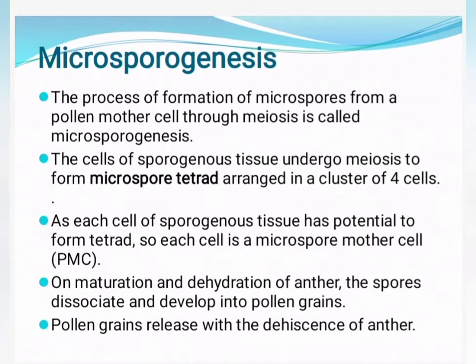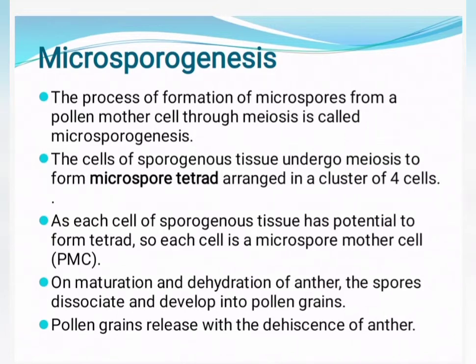The process of formation of microspores from a pollen mother cell through meiosis is called microsporogenesis. The microspores are arranged in a cluster of 4 cells that is called a microspore tetrad. As the anther matures and dehydrates, the microspores dissociate from each other and develop into pollen grains.